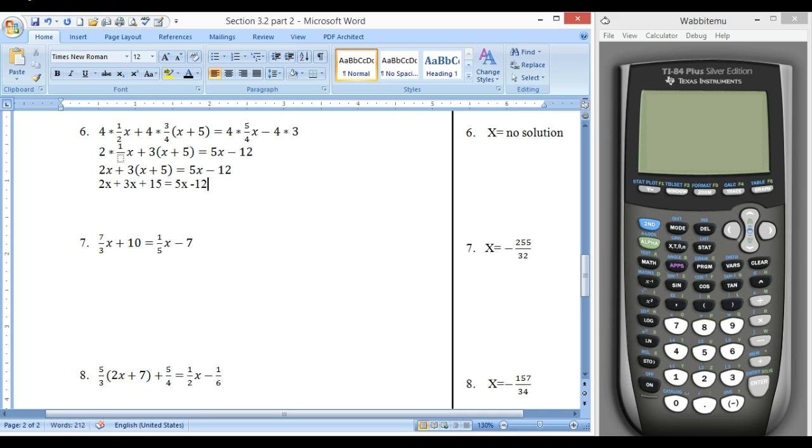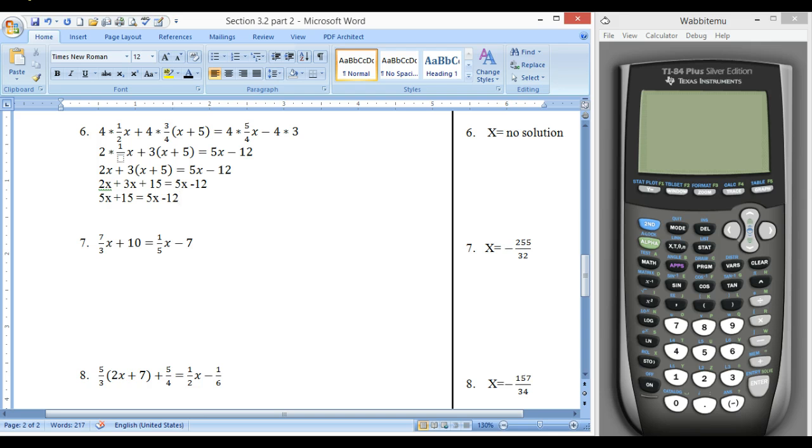There we go. So now we just need to combine everything. The next line, 2 plus 3 gives me 5x plus 15 equals 5x minus 12.